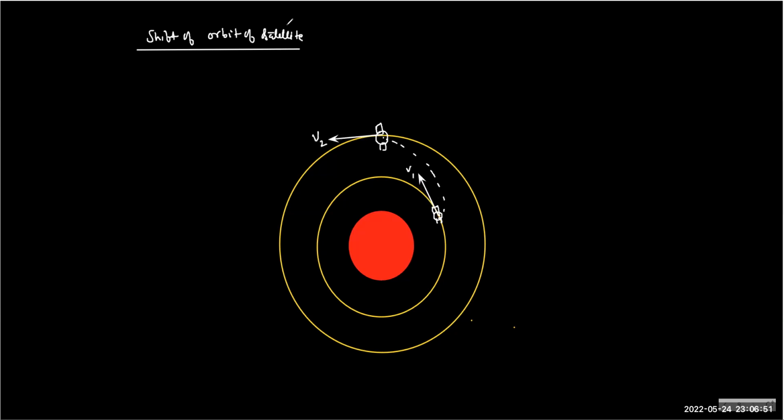But as we discussed, the total energy only depends on the distance. So what really matters is the satellite location. So what we need to find is delta E, the change of total energy, and that will be equal to the work done by the agent to shift.